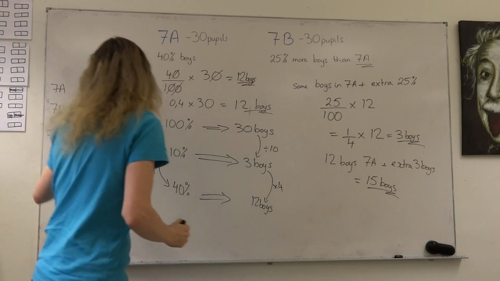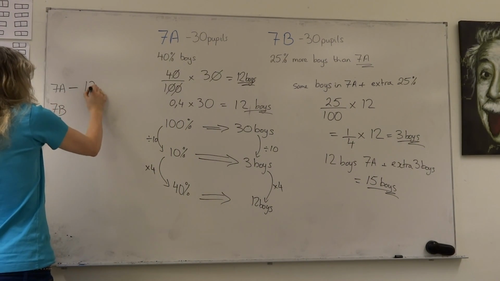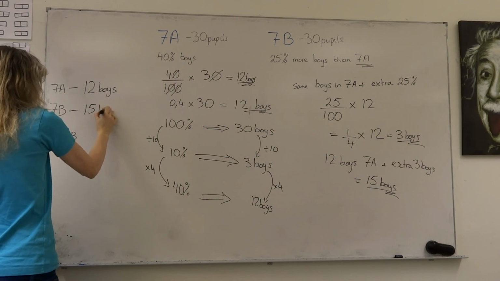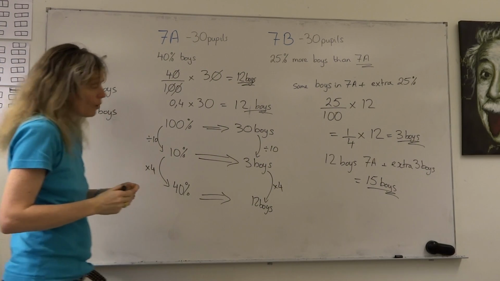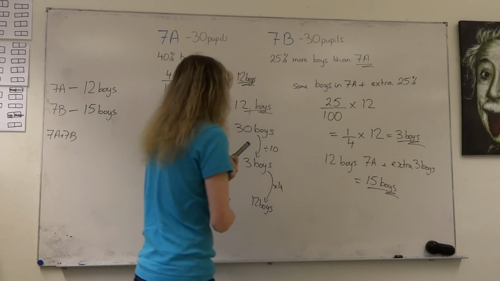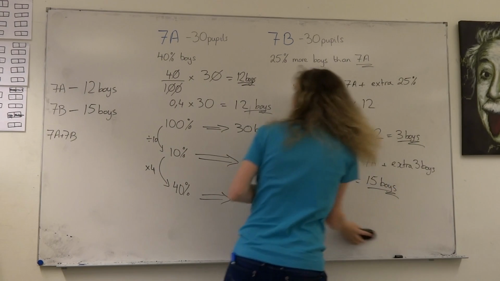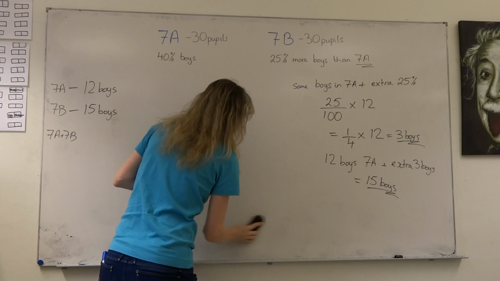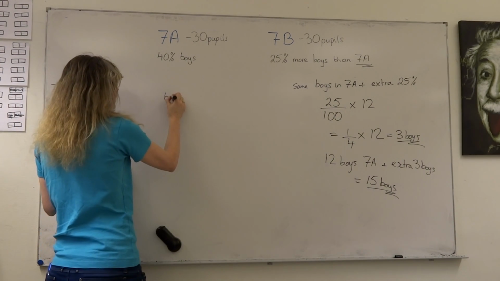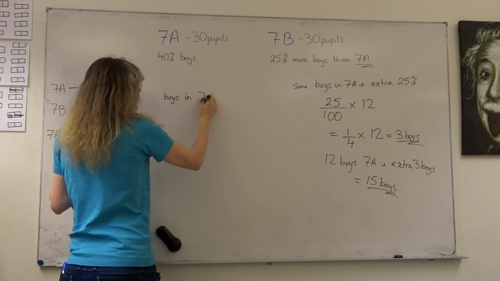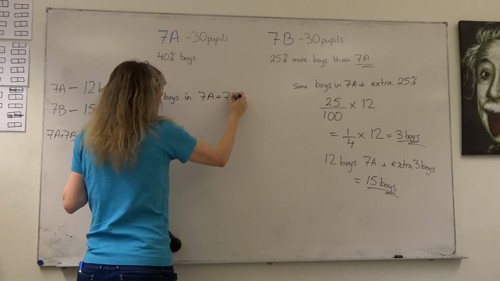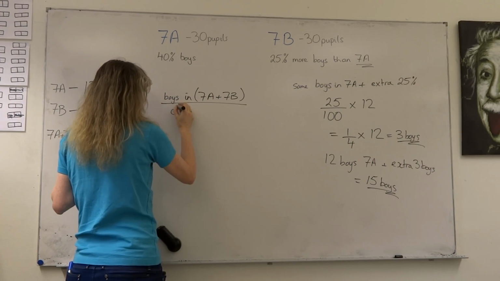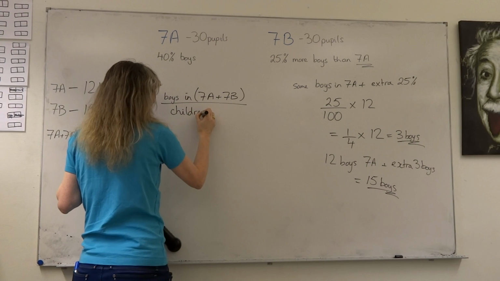So we now know that 7A had 12 boys and 7B had 15 boys. What is the number of boys in total then? Well, if we were to calculate the percentage of boys in 7A and 7B, we have to think of the number of boys in 7A and 7B altogether divided by the number of children in 7A and 7B.